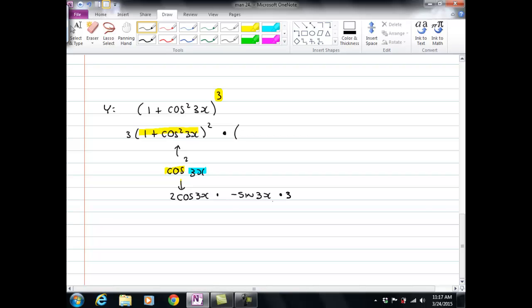So if I write this all in here now, this becomes 6 cos 3x times, or it should be negative, sine of 3x. And this is my answer.